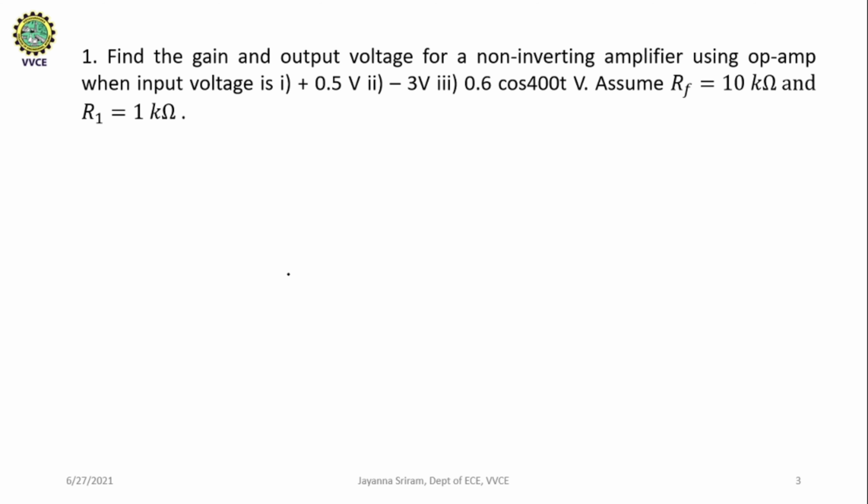Coming to the first problem, find the gain and output voltage for a non-inverting amplifier using op-amp when the input voltage is plus 0.5, minus 3, 0.6 cos 400t volts. Assume Rf is equal to 100 kilo ohm and R1 is equal to 1 kilo ohm. These are the things they have given.